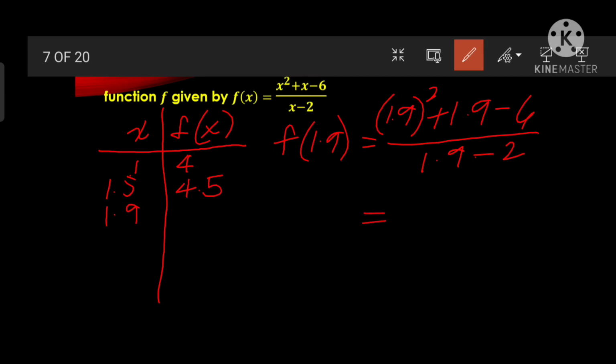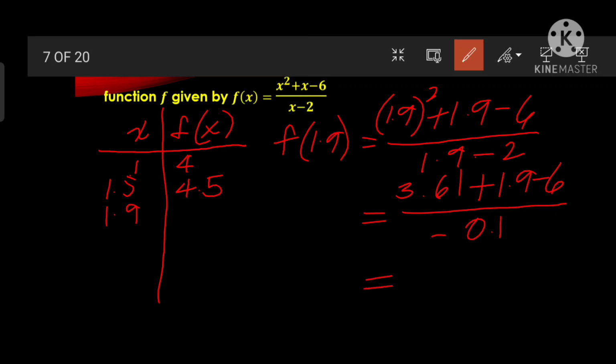Okay, so 1.9 squared is equal to what? It's equal to 3.61 plus 1.9 minus 6, and 1.9 minus 2 is equal to negative 0.1.